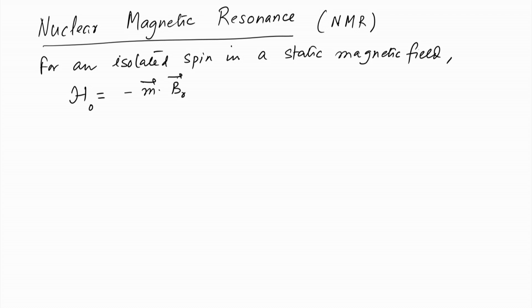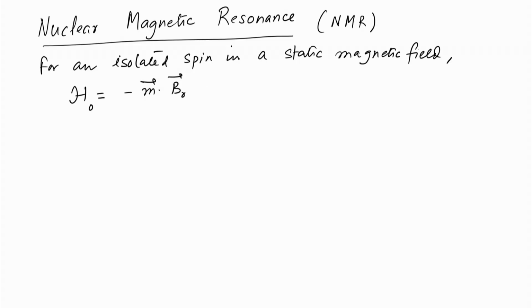We had probably used H earlier for the magnetic field. Just to avoid any confusion between the Hamiltonian H and the magnetic field H, we have now resorted to this notation of writing it as B 0. But they are related, B and H are related by B equal to mu H, where mu is the permeability of the material.